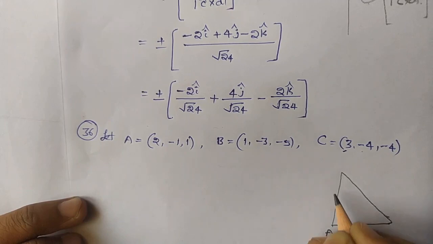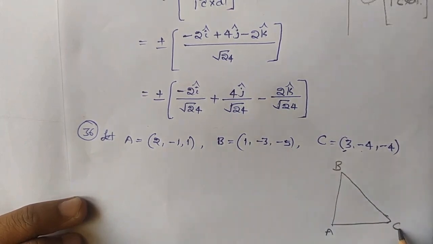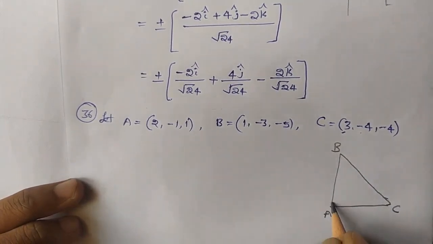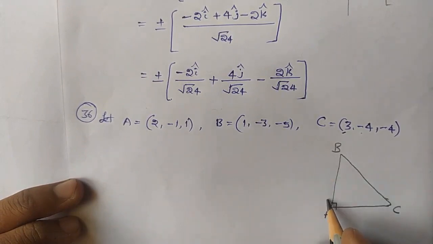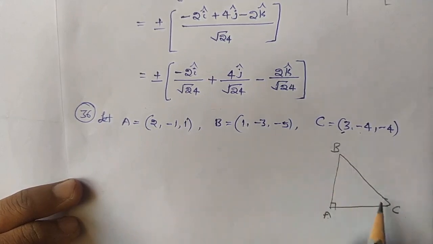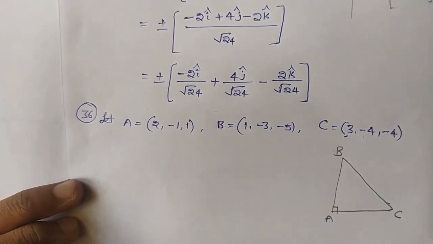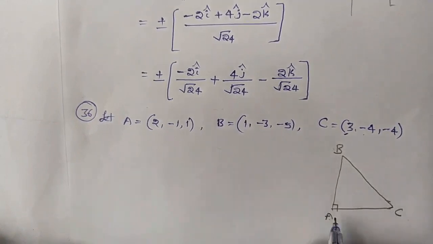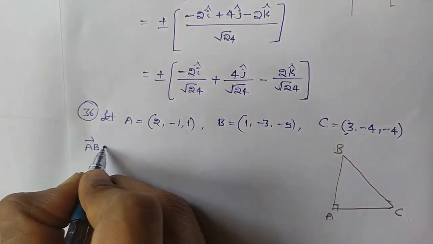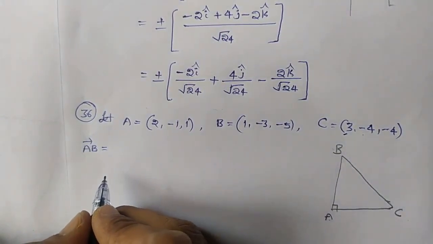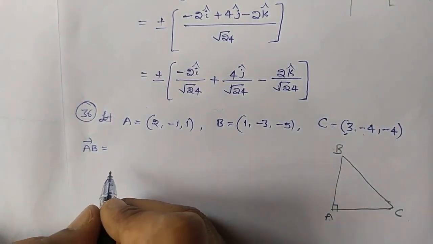It is a point A, B and C, right? So find AB, the length of AB vector, magnitude of AB. Next the magnitude of AC, that must be equal to the magnitude of BC. Before that we have to find AB. So how to find the vector AB? x2 minus x1 i plus y2 minus y1 j plus z2 minus z1 k.